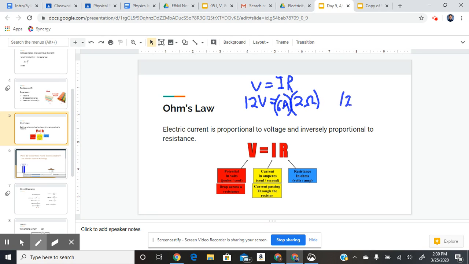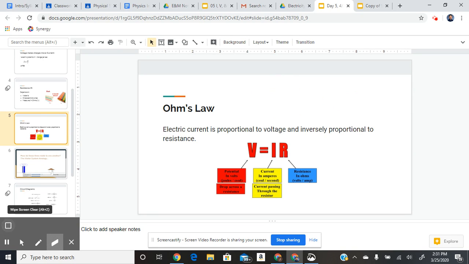Remember, that 12 volts stays the same, but now if I increase the resistance, that'd be like taking a smaller gauge wire, right? I increase the resistance, and now I have a resistance of 4 ohms. Well, now I'm going to have a current of only 3 amps. So we'd be losing current, or the flow of charge would be slowing down.